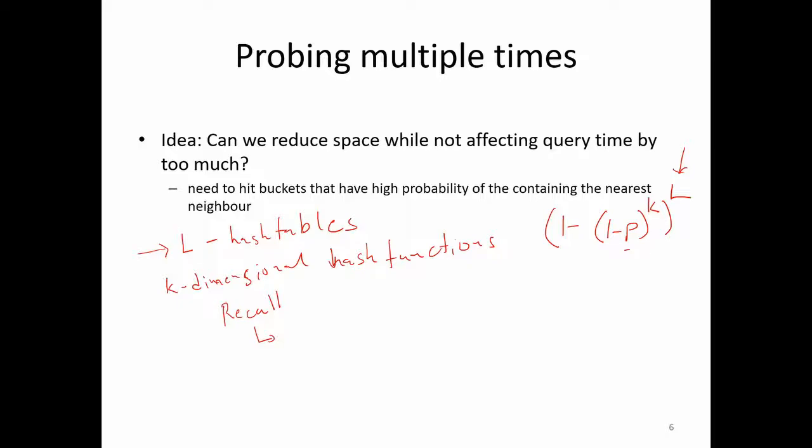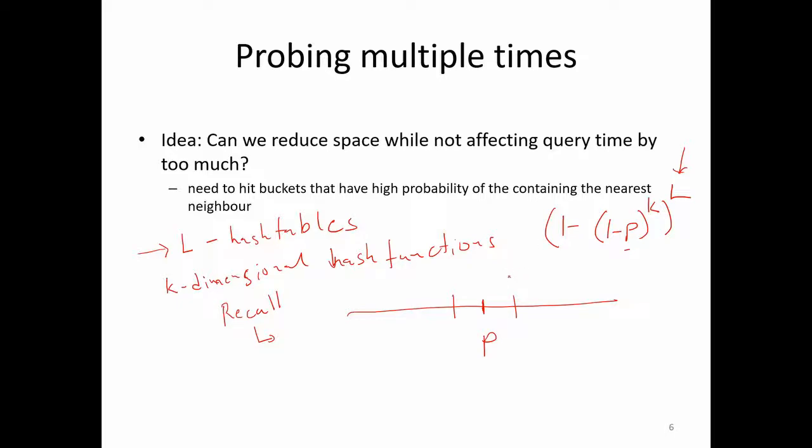So what can we do? The idea is, can we have a notion of nearby buckets? Suppose your data point P is actually in this bucket, and you are using some kind of hashing mechanism with a reasonably high k.